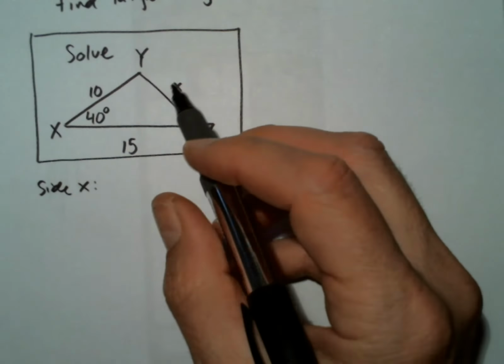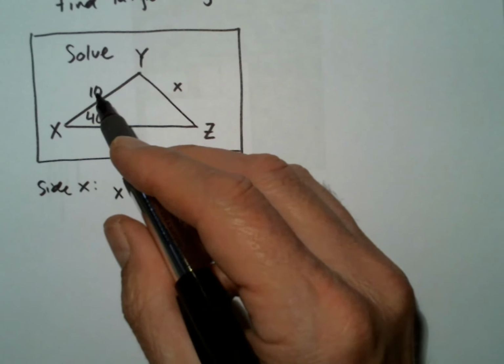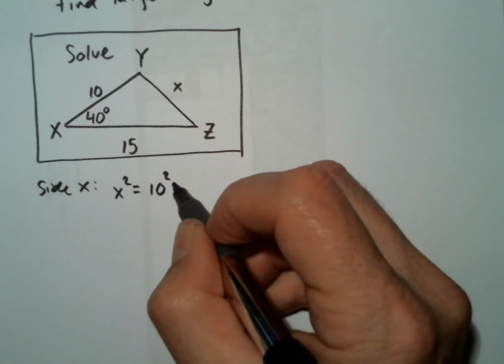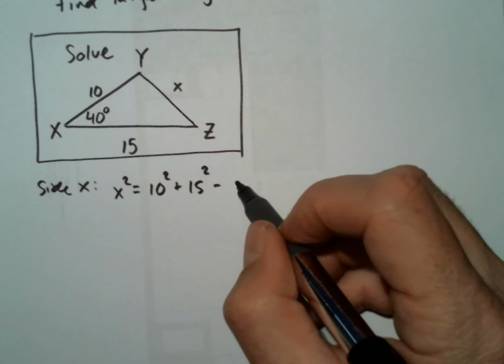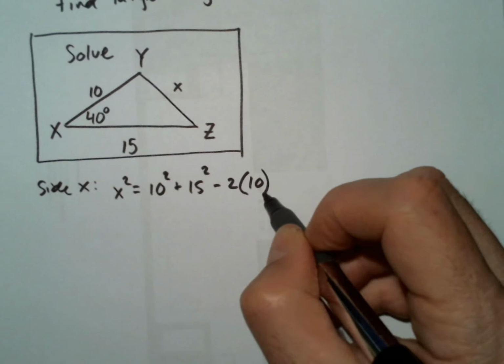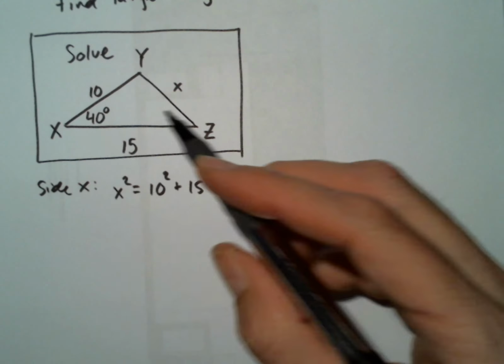So we have opposite side squared equals the adjacent squared plus the other adjacent squared minus 2 adjacent times adjacent, cosine 40.